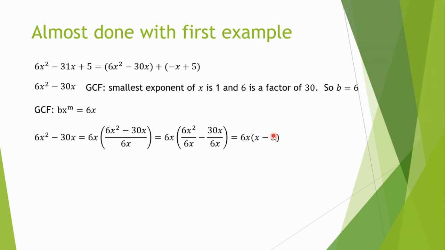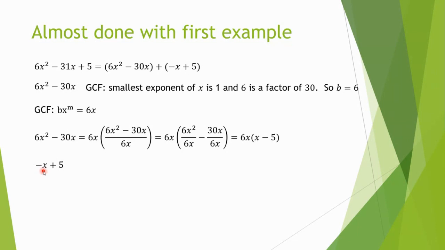Now, if you were to look at negative x plus 5, hopefully you can see right away that the GCF of this is 1, right? Again, we have a non-zero constant term, so our m is 0. And not only that, the coefficient here is -1. Well, the only factor of -1 is 1.